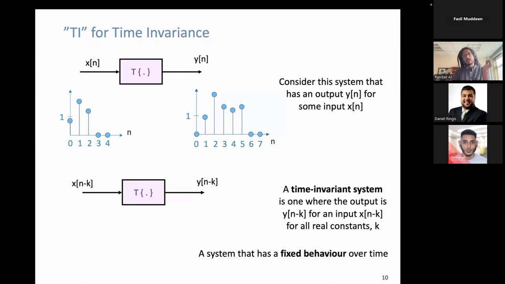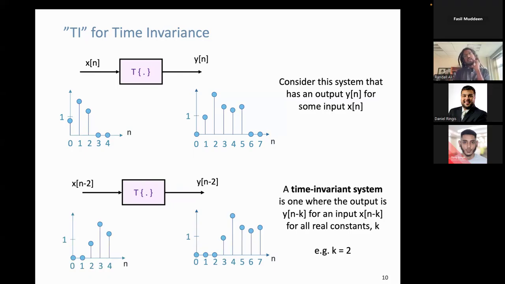So for instance, if I were to delay this signal x of n by some amount, then the output is also delayed by that same amount. So the system always has a fixed behavior over time. No matter when you apply this input on the system, you're always going to have the same output.